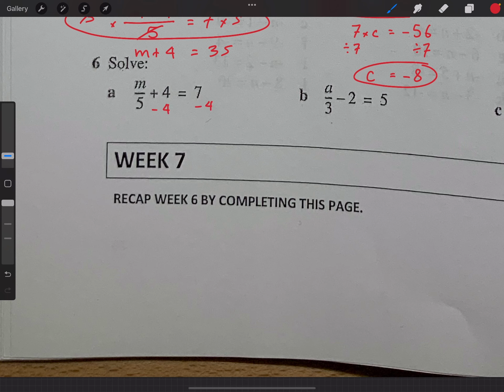So what you're going to have left is m divided by 5 is equal to, what's 7 minus 4? That will be 3. Okay, so again we're going to do the reverse operation. m is being divided by 5, so let's multiply by 5 on both sides, and you're going to get m is equal to 15, and that will be the answer.